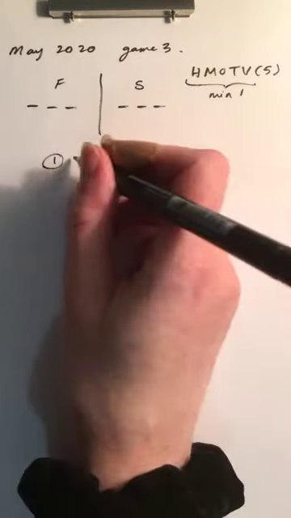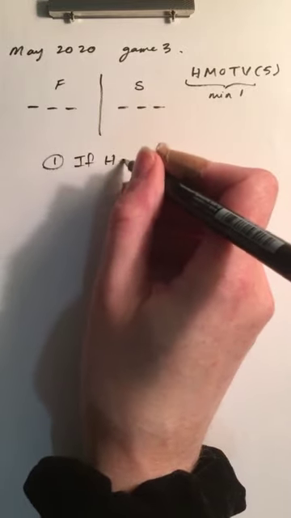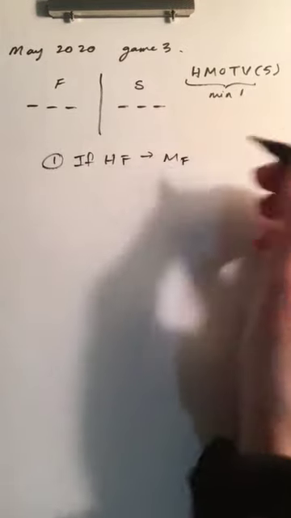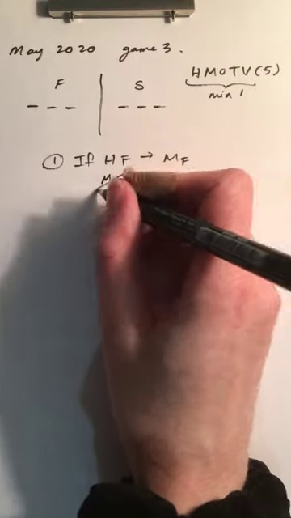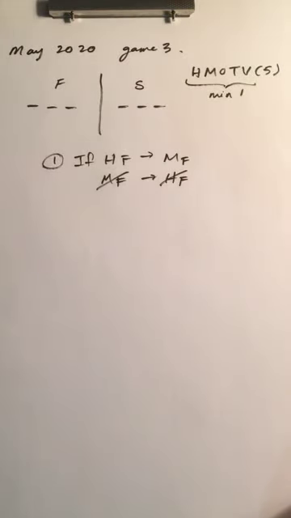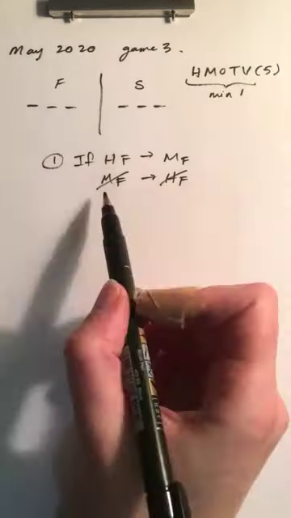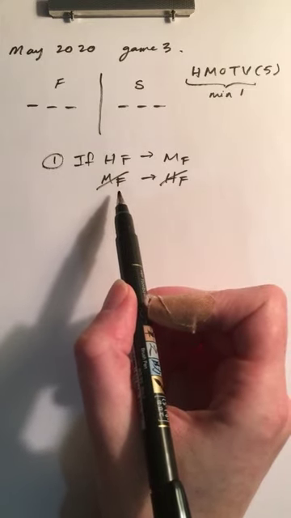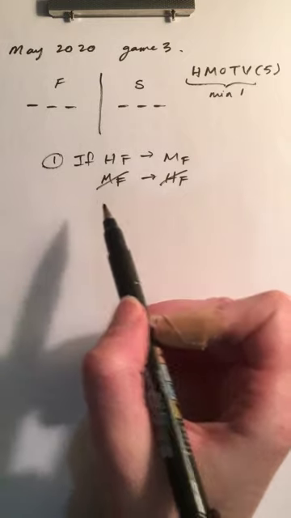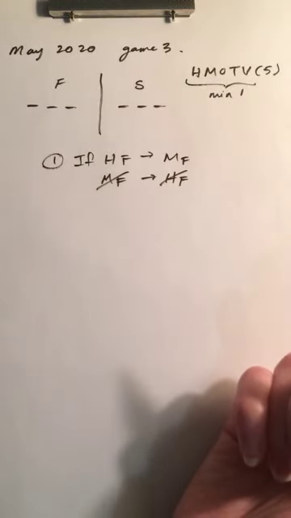if H hosts in the fall, then Montreal, or M, has to host in the fall. So if M isn't in the fall, then H isn't in the fall. Okay. One thing to note here is that just because M is in the spring, okay, it doesn't necessarily mean that it's not in the fall.